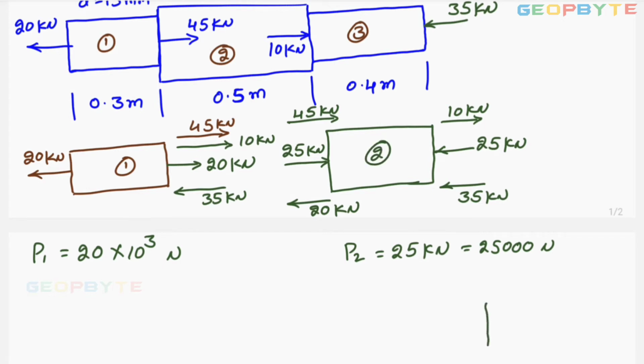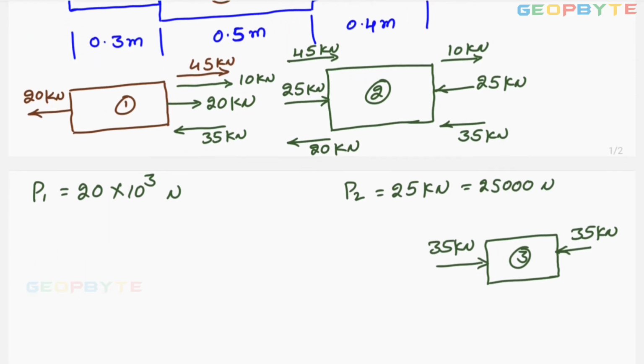Similarly, for section 3, this is your section 3. At the right end it is acting 35 kilonewtons. The other side also, definitely opposite to that one, 35 kilonewtons. Remember, if certain load is acting at one end of that section, the other end is also subjected to the same amount of load.